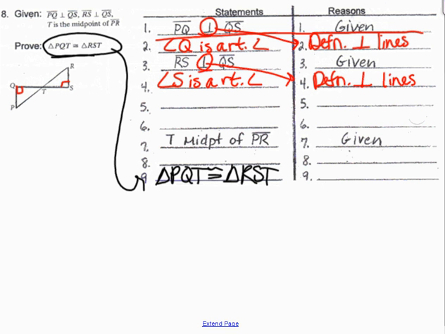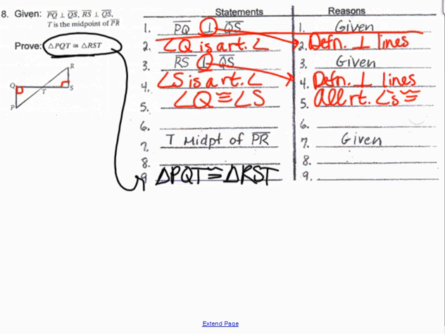So I'm still with red. But if these 2 angles are both right, doesn't that make them congruent? It does. So angle Q is congruent to angle S. That reason is back in chapter 2. The reason is all right angles are congruent. So there's a lot of red on that one. So now that I finally have a congruent part, I can go on to green.